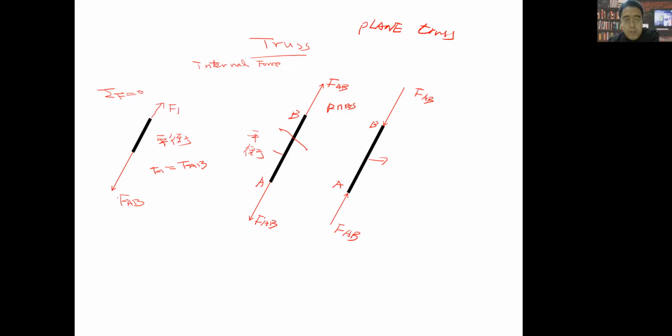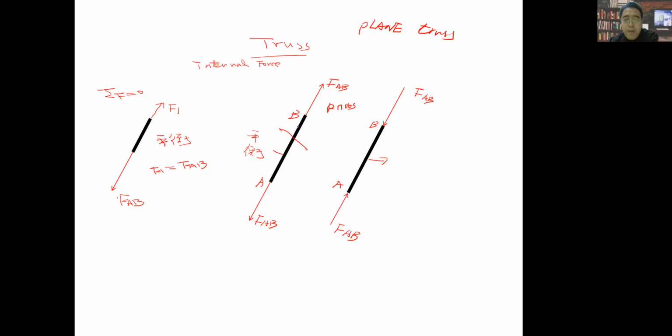Because these two forces keep this bar AB in a state of balance, I write here the Chinese character 平衡, meaning equilibrium, or balanced condition. First we know there are only two forces. Then we know the relationship between these two forces, which we always denote with FAB. If this bar is a two-force bar, these two forces always have the same magnitude, opposite direction, and are collinear, right?